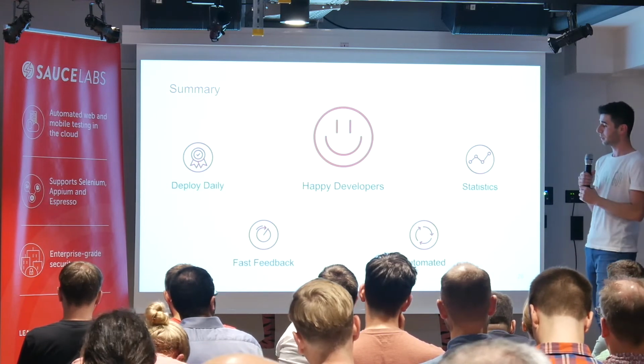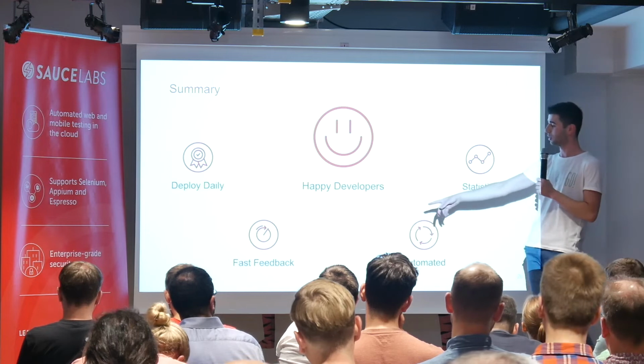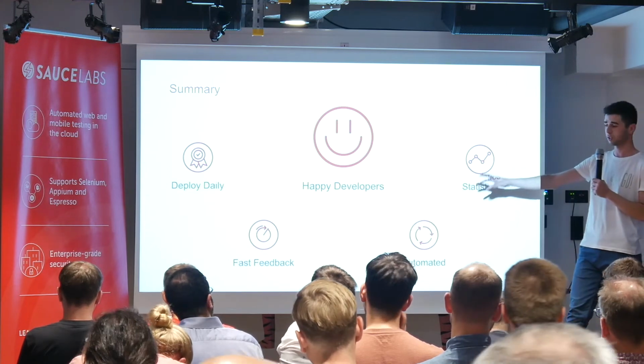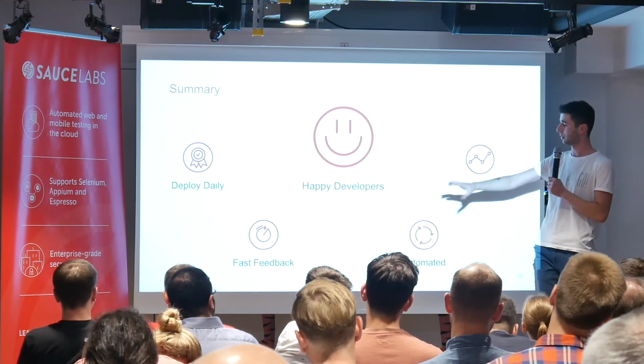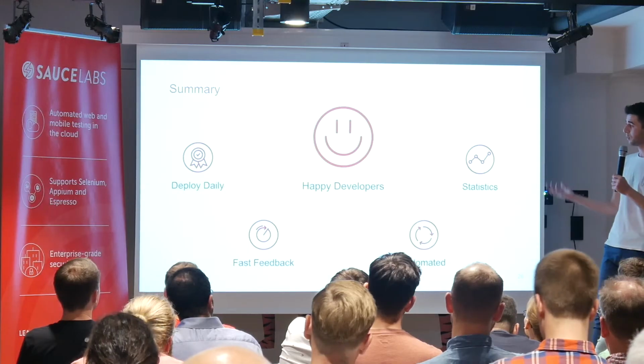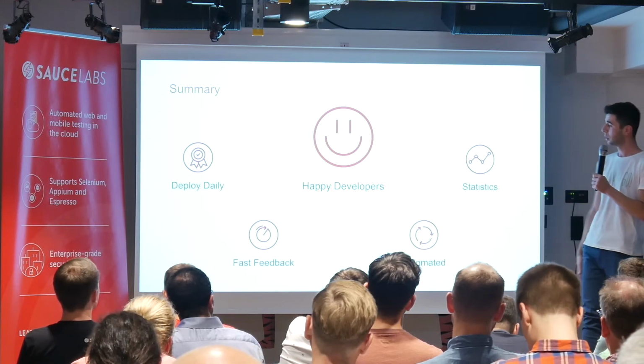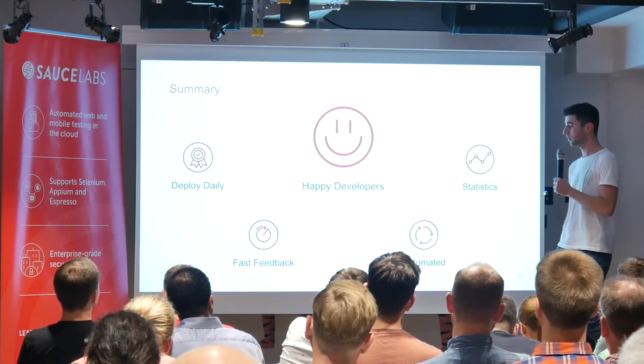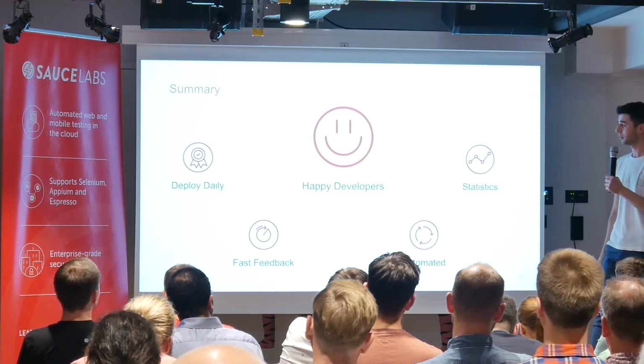And we get fast feedback about our test. Our staging runner, which I talked about, just runs the tests all the time and gives us fast feedback about our test failures. The process is automated, and we have statistics. From one look at the statistics and Grafana dashboards, we can see everything is nice and cool. And our developers are happy. This is the most important part.